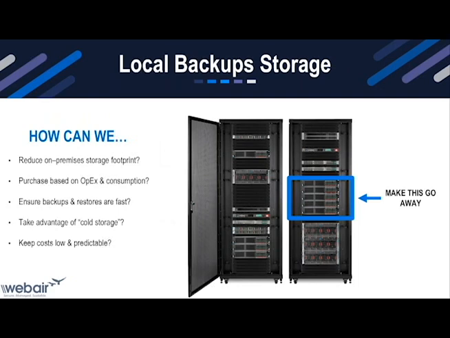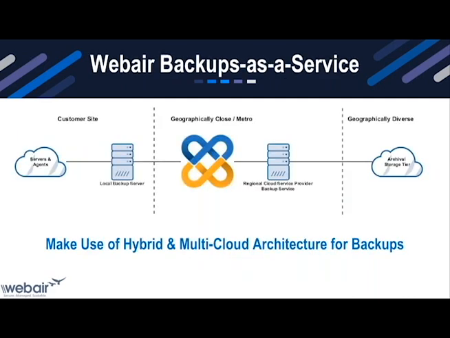So one of the things we're able to do with a platform like PacketFabric is make that go away. We can say that half rack of equipment in your colo, that you thought you had no choice but to keep managing and operating and being responsible for because you have production there, we can make that disappear. The way we do that is predicated on the fact that we are local.